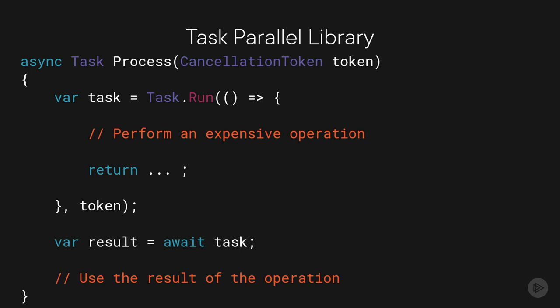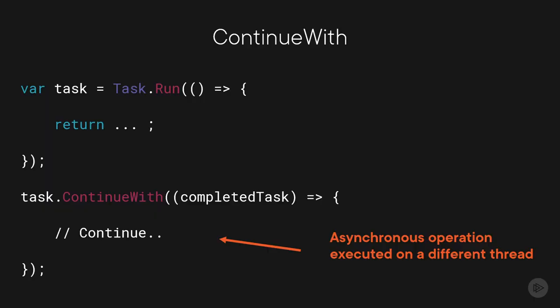This module has been packed with information about how you can approach your asynchronous programming. In particular, when using the task parallel library, as well as when combining this with the async and await keywords. One of the most important takeaways from this module is to remember that the continuations are executed on a different thread.